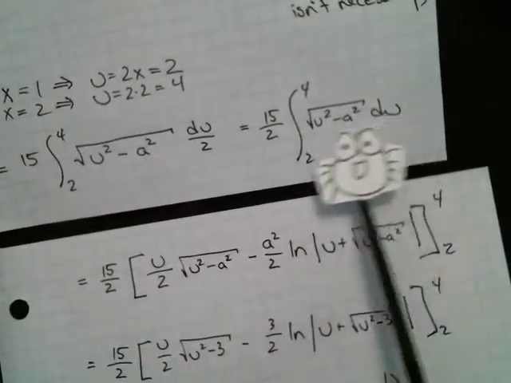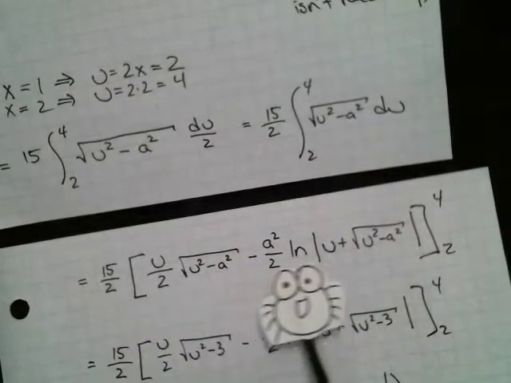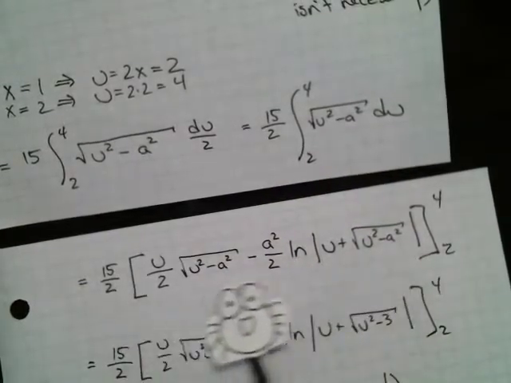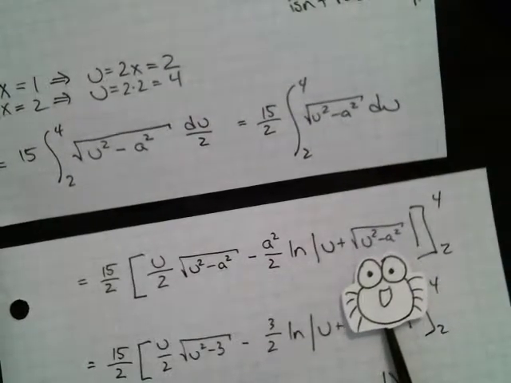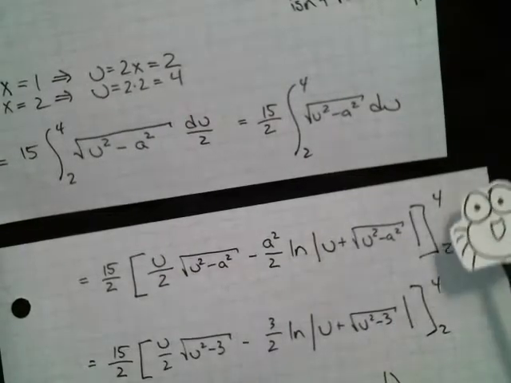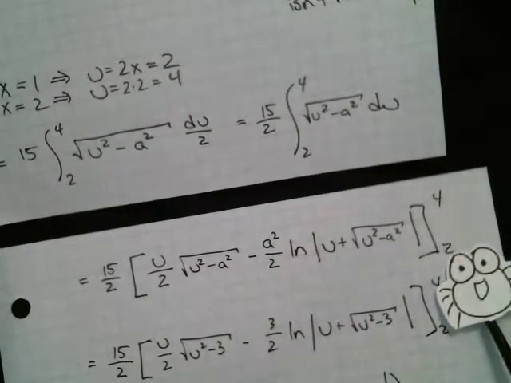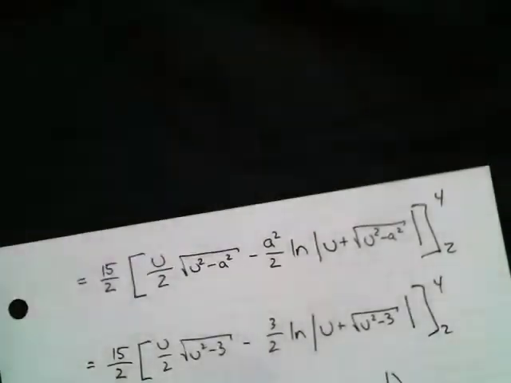Then I had this radical u squared minus a squared, and then I went ahead and I copied down the hideous formula right there. And that is a thing of beauty and horror at the same time. Then, since this is a definite integral, I have to evaluate this between 2 and 4, between 4 and 2, depending on your perspective.